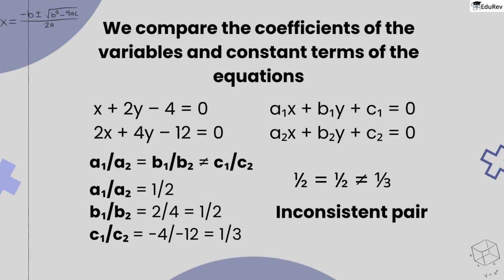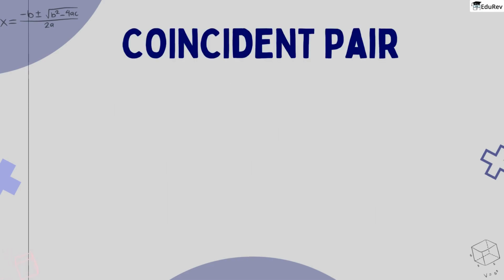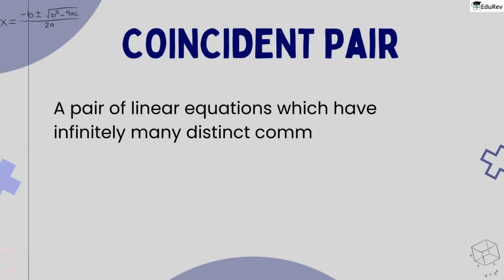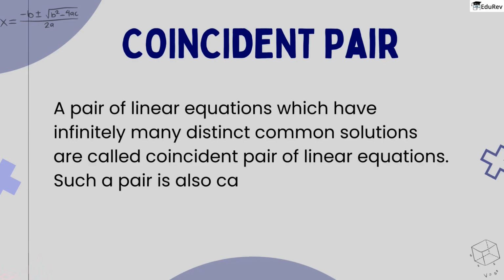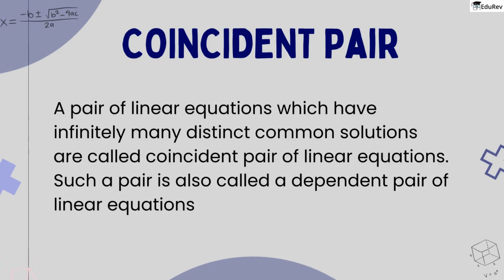We have discussed consistent and inconsistent pair of linear equations so far. We shall now discuss coincident pair of linear equations. A pair of linear equations which have infinitely many distinct common solutions are called coincident pair of linear equations.